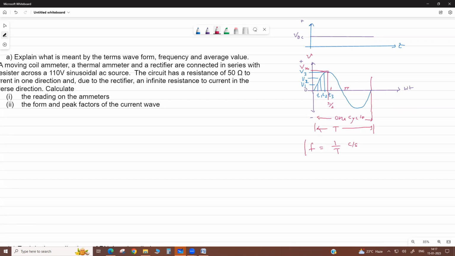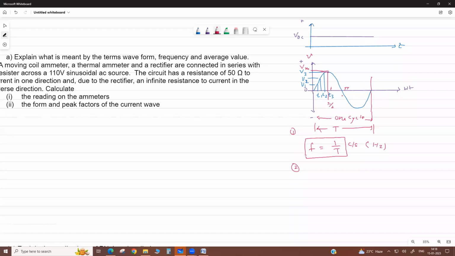The frequency of alternation, changing from positive to negative: the number of cycles completed in unit time is called frequency. It is cycles per second, or hertz. Then what is the waveform?